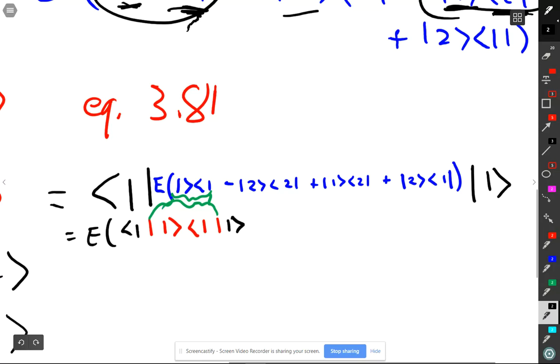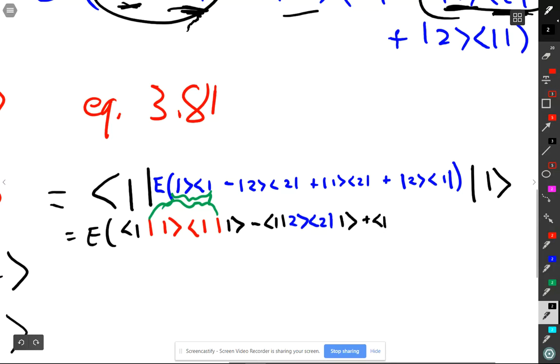So the black is what was black up above, and the red is the blue that I have the funny green lines for. Minus bra 1, ket 2, bra 2, ket 1. So there's my second term.